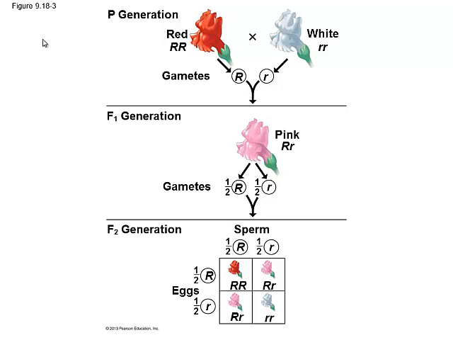I get a red again. Red comes back. Yes? I get two pinks. And I get a white. So those original colors come back in my offspring. Did that kind of explain it by color?